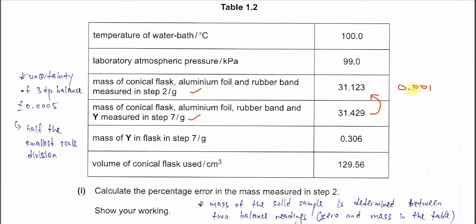So half of this graduation is therefore 0.0005. So for each mass reading, the uncertainty will be 0.0005.